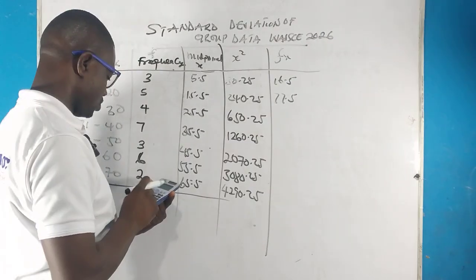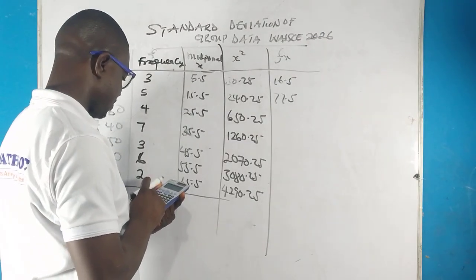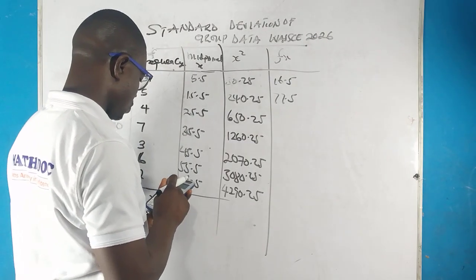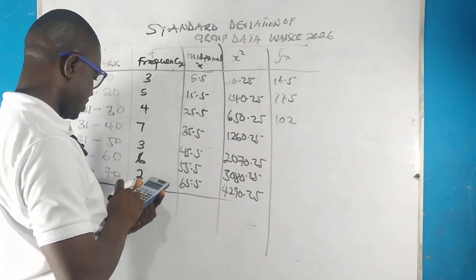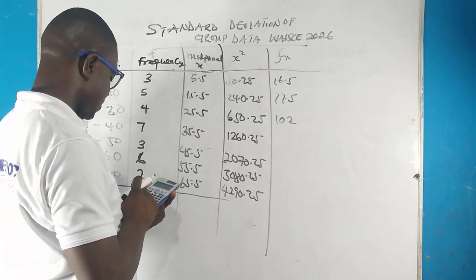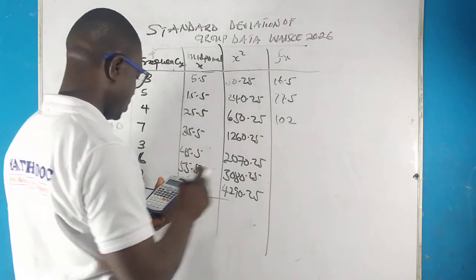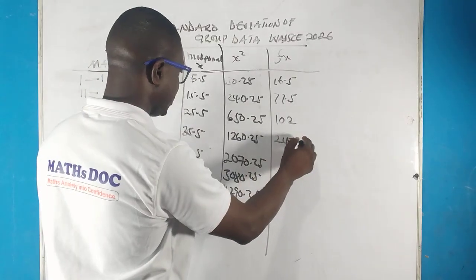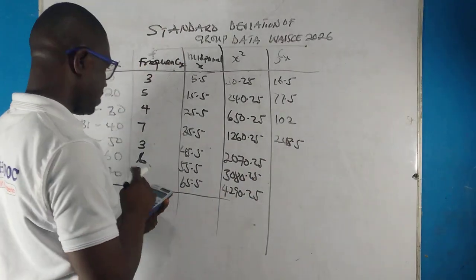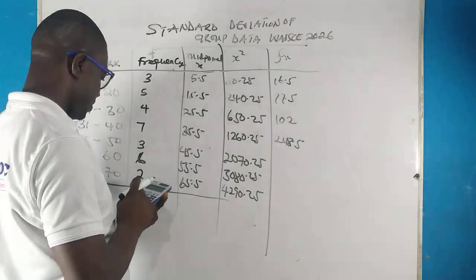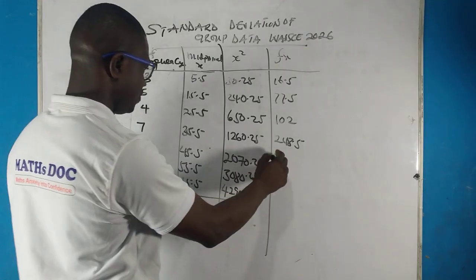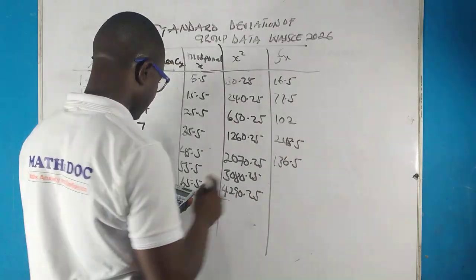Then 4 times 25.5 will give you 102. Then 7 times 35.5 gives 248.5. Then 3 times 45.5 gives 136.5.